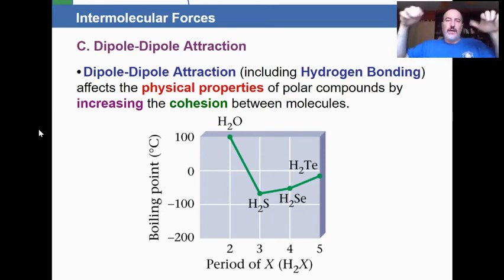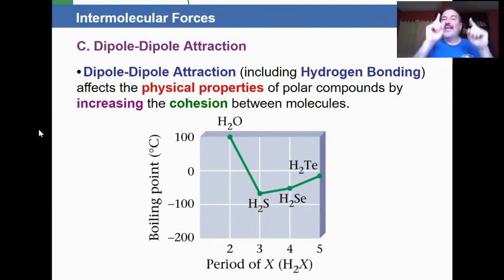And also to overcome the atmospheric pressure pushing them in. But because water has these hydrogen bondings, it makes them much more likely to want to stick together, which means they need a lot more energy, a much higher temperature than they normally would, in order to achieve gaseous state.